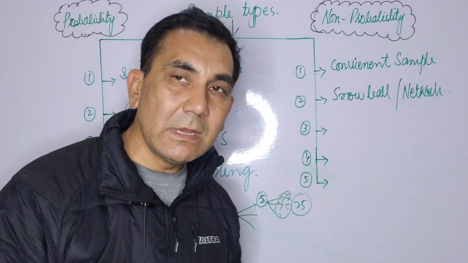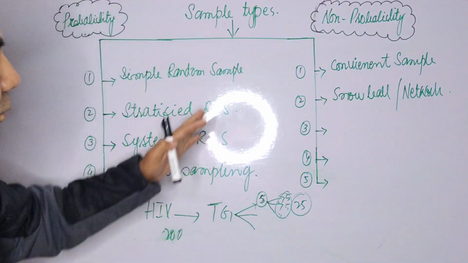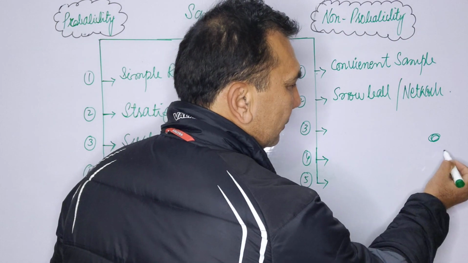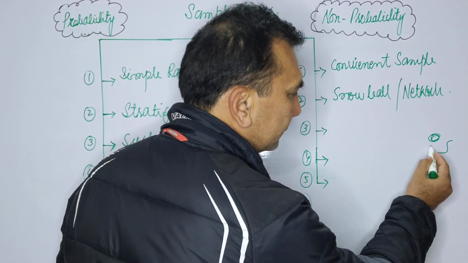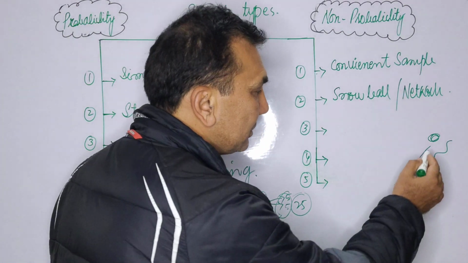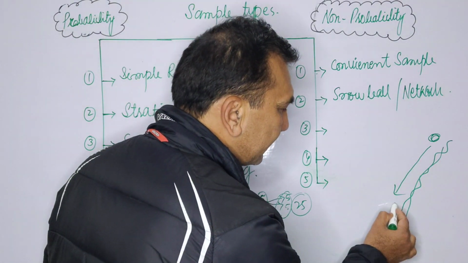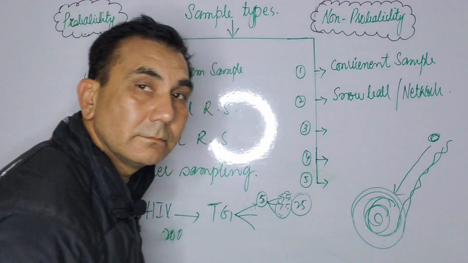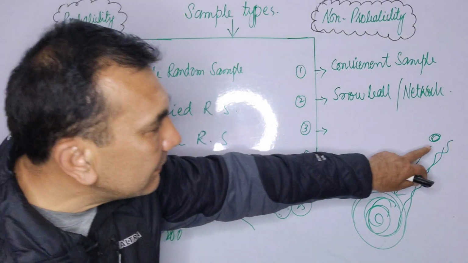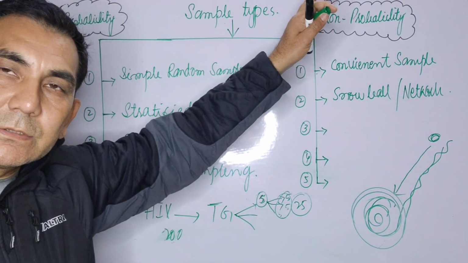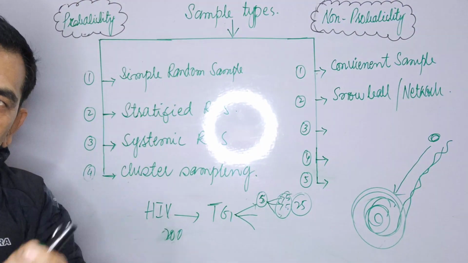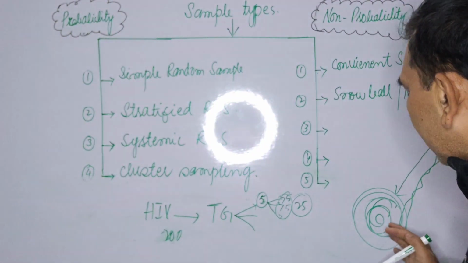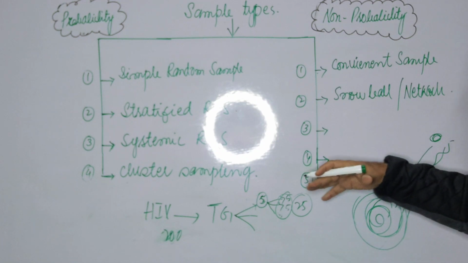So network sampling is just like a ball of snow rolled down from the mountain, which converts into a bigger size. When this ball of snow is rolled down from the top of the mountain and reaches the bottom, it has converted into a bigger size.